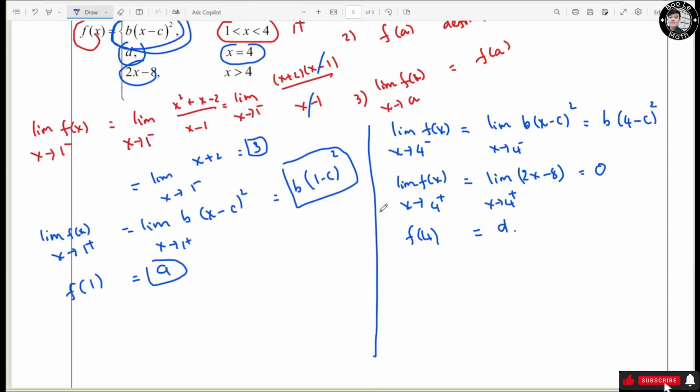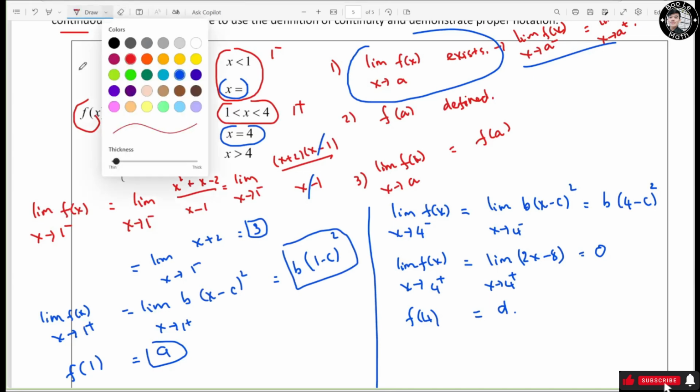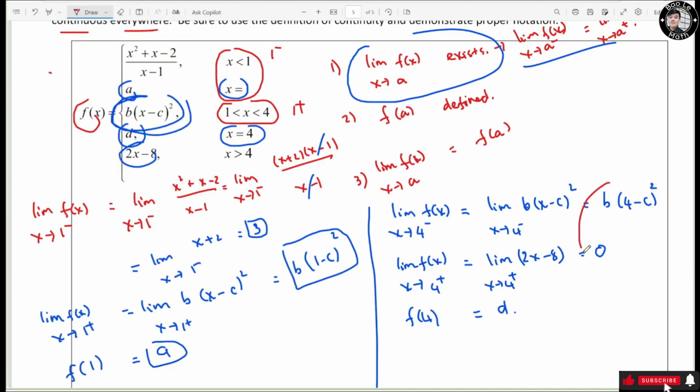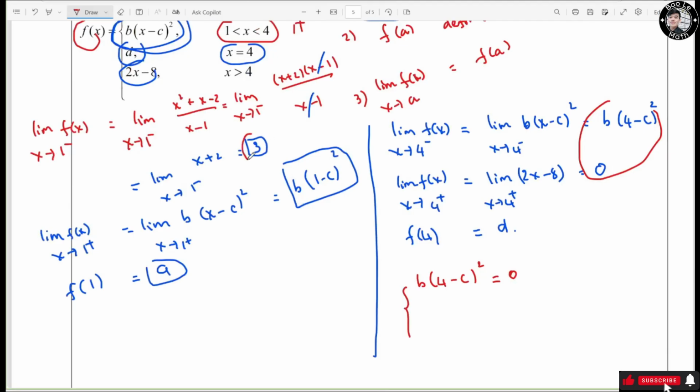Now, by definition of continuity, we need the limit as s approaches a to exist, which means the left must equal the right. So we need to equate these two guys right here. So I have b times 4 minus c altogether squared equals 0. This is the first one. The second one, this guy right here and this guy right here must be the same. So I have b times 1 minus c altogether squared equals 3.